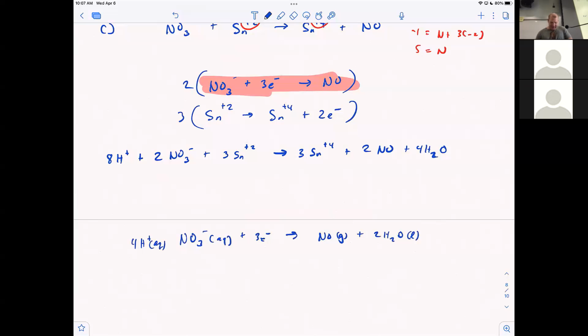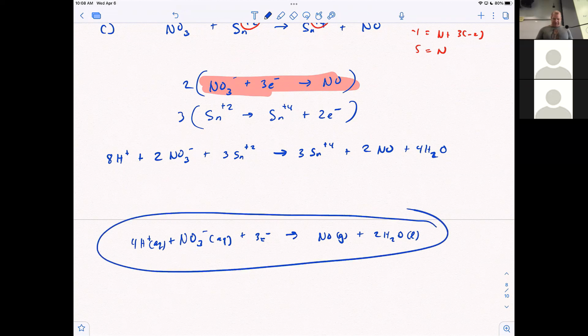So if you're looking at what is likely going on in solution this way, this is also the overall reaction.